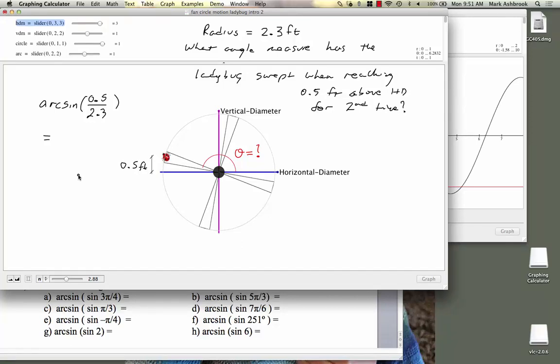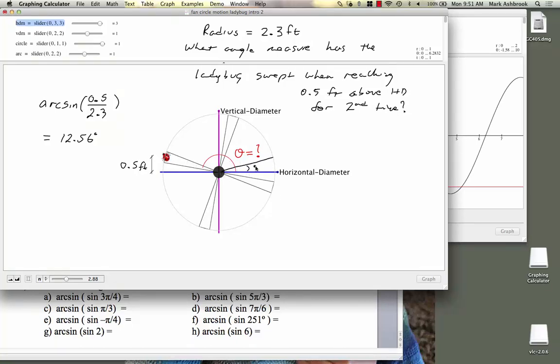Are you going to get the answer, first of all? No, because the angle you're going to get is between negative 90 and 90 degrees. What'd you get? 12.56? So you have to know what that number means. I want this angle. So what angle did you just get? You got the angle in the first quadrant that gives you that same height.